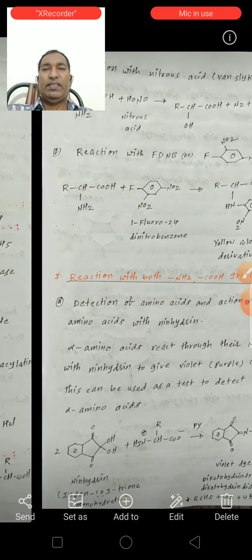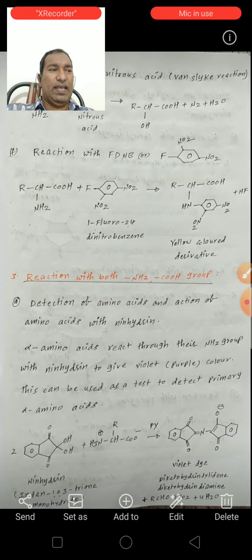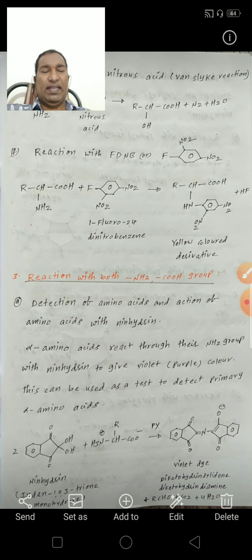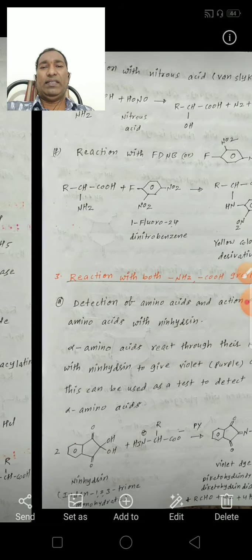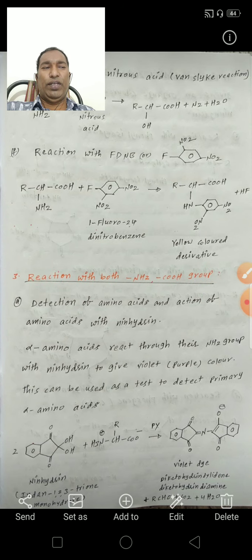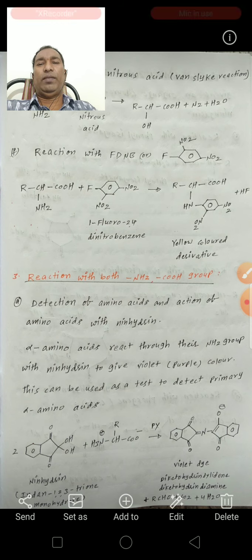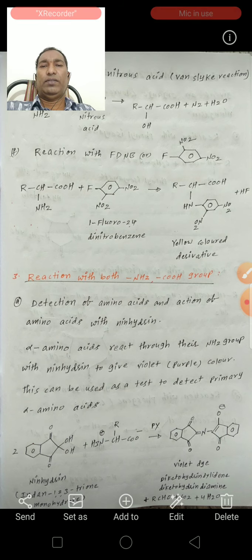Next is the reaction with nitrous acid. This is the Van Slyke reaction. When amino acids react with nitrous acid, HONO or HNO2, they form an alcohol in place of the NH2 group, by removing nitrogen N2 plus a water molecule.